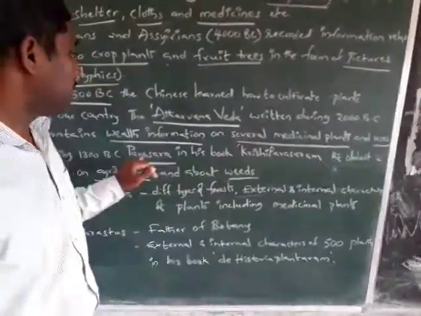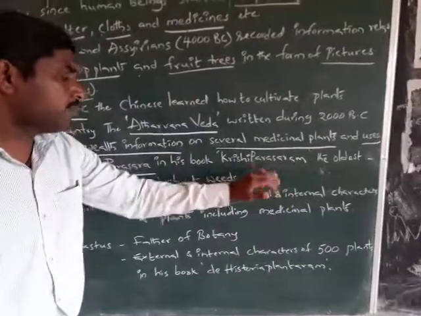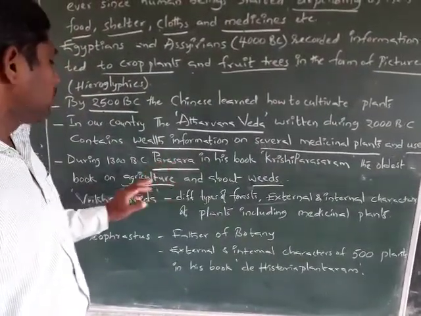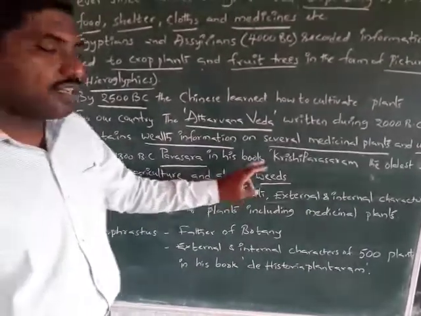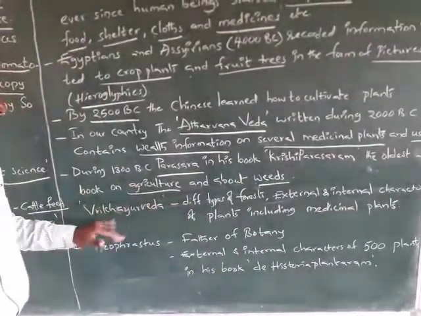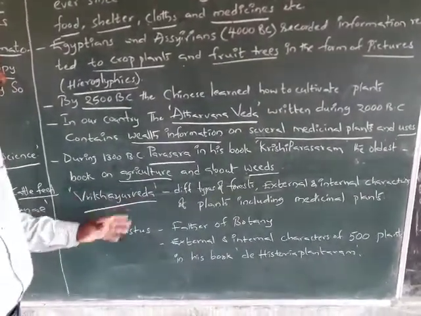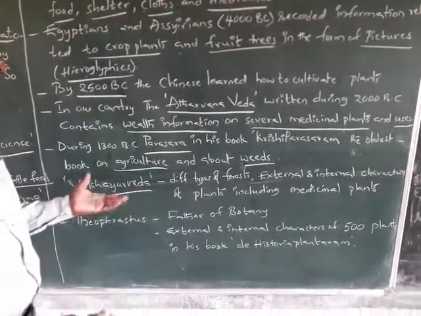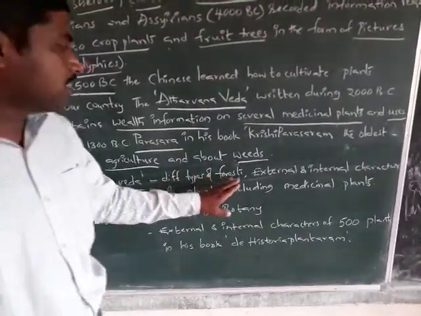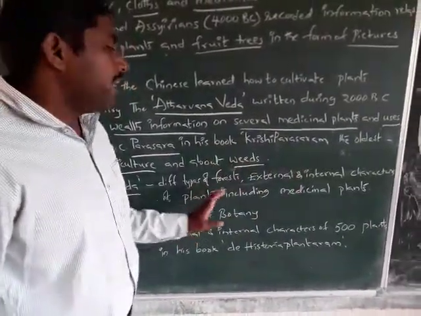It is the oldest book on agriculture and weeds. He also wrote Vriksha Ayurveda, which describes the different types of forests and the external and internal characteristics of plants, including medicinal plants.